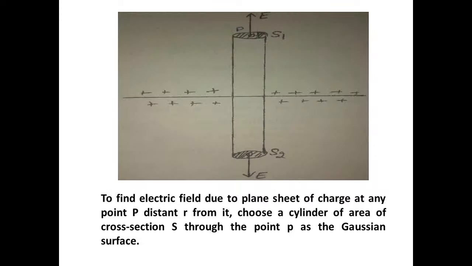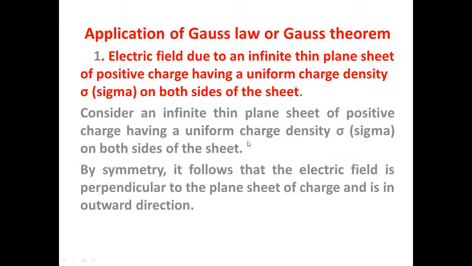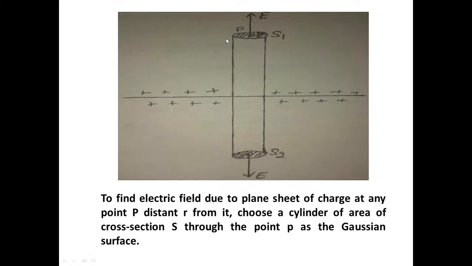So this is your sheet of positive charge. Consider an infinite thin plane sheet of positive charge having a uniform charge density sigma on both sides of the sheet. By symmetry, it follows that electric field is perpendicular to the plane sheet of charge and is directed in outward direction like this.